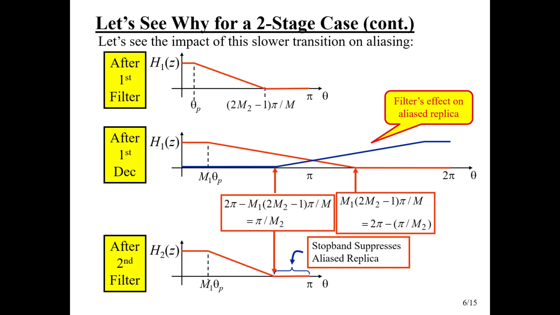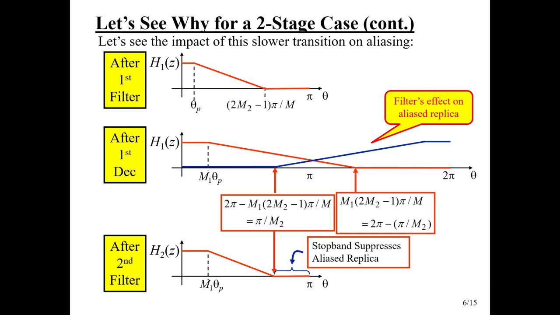So if we take this theta P and map it back to Hertz using the starting sampling rate, it'll end up at some position, FP. And if we take this and map it back to Hertz, but now using the new sampling rate after the first stage, so that would be the original divided by M1, it'll map back to the same place. So that's what I mean by the passband stays the same.